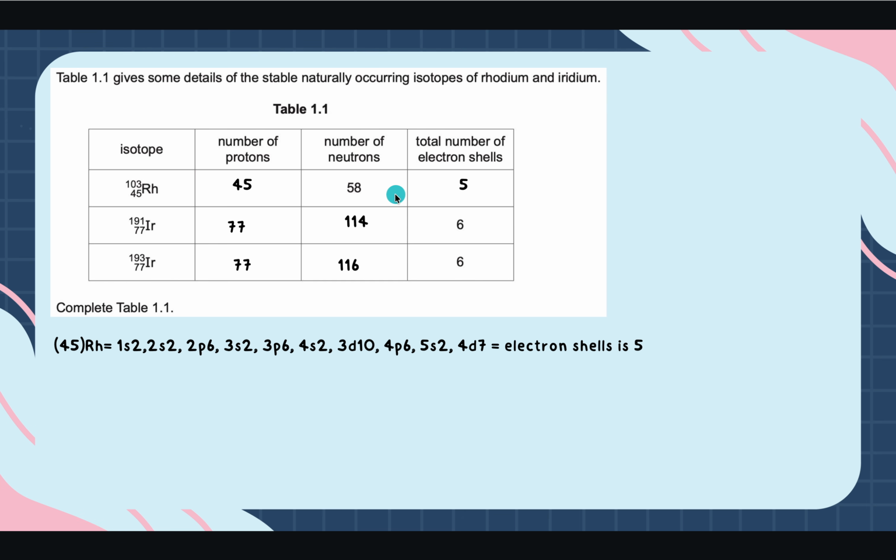So it's 58, 114, and 116. And so the total number of electron shells for rhodium is 5. How? Because first you make the electron configuration, and the biggest electron shell or energy level is 5. So therefore the answer is 5.